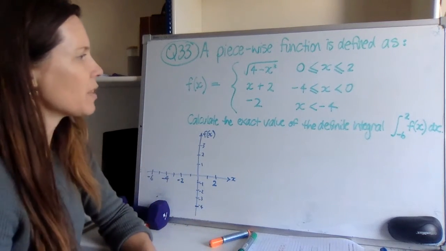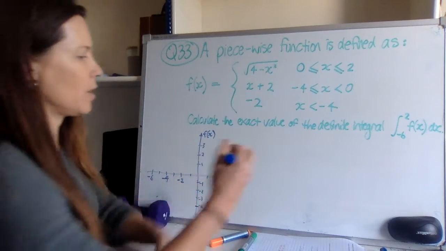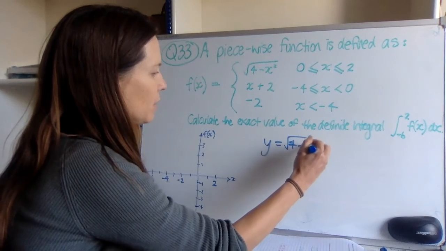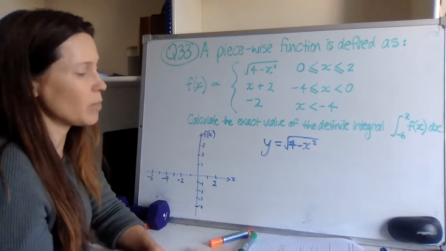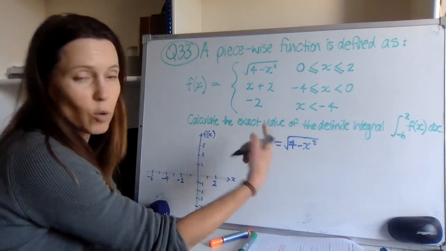So graphing this thing from 0 to 2, it looks like this. Now, I already know that this curve here is a semicircle. And I know that because if I squared both sides, I'd be changing it a little. I need to acknowledge that this is just y being always positive.